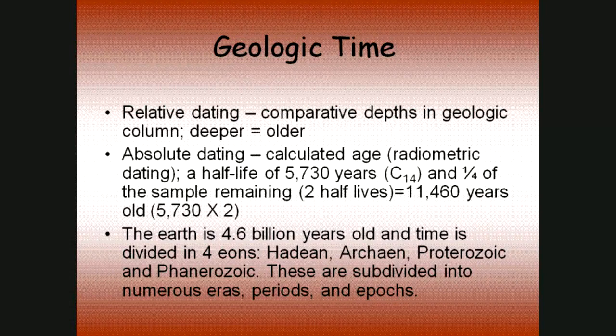So we've experienced two half-lives. One half-life is 5,730 years, so two half-lives is 11,460 years. So we would calculate the radiometric dating age to be approximately 11,460 years. Cool, huh?